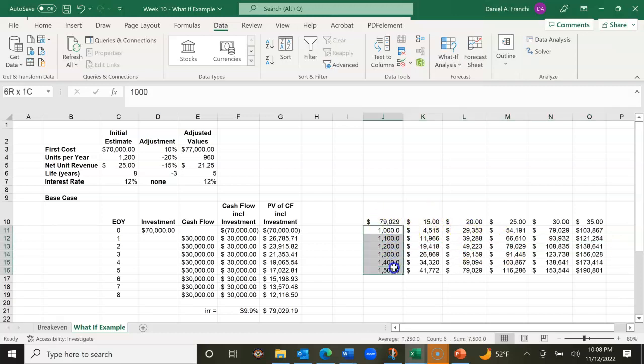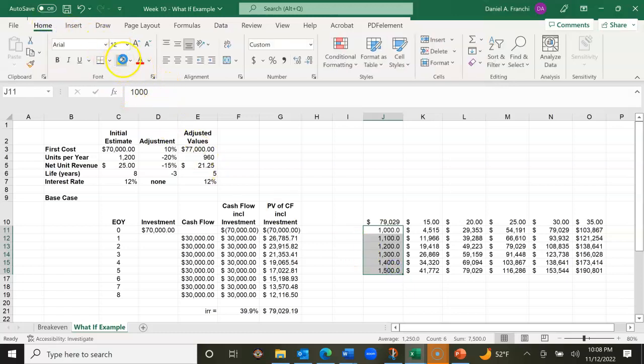So this is an input, this is a sensitivity input. These are our present values. And so at $25, this tells you the present value at different units per year. Super powerful.